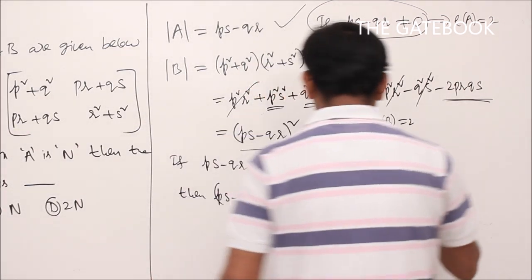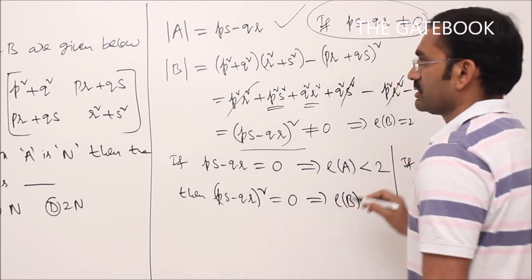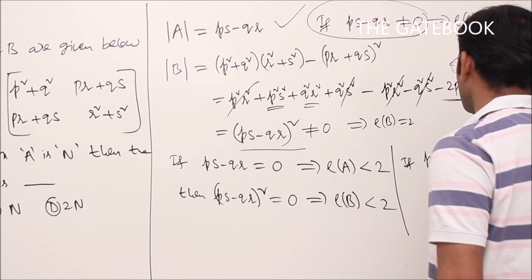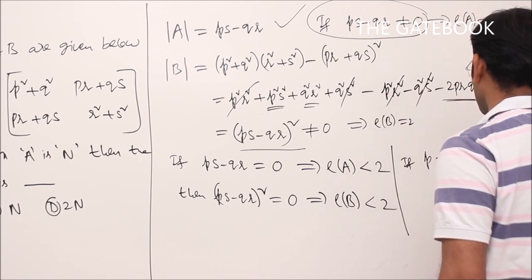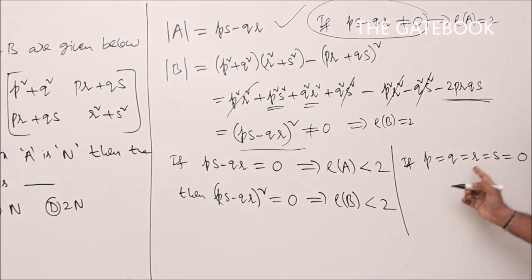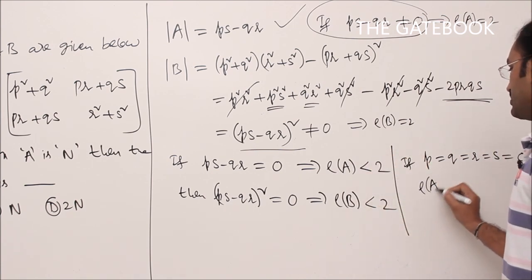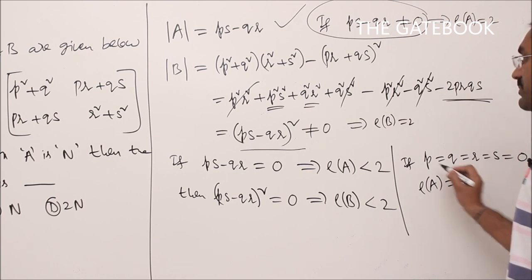Similarly, suppose P is equal to Q is equal to R is equal to S is equal to 0. All elements of A are 0. In that case, I can say that rank of A is 0, because that will become a null matrix.